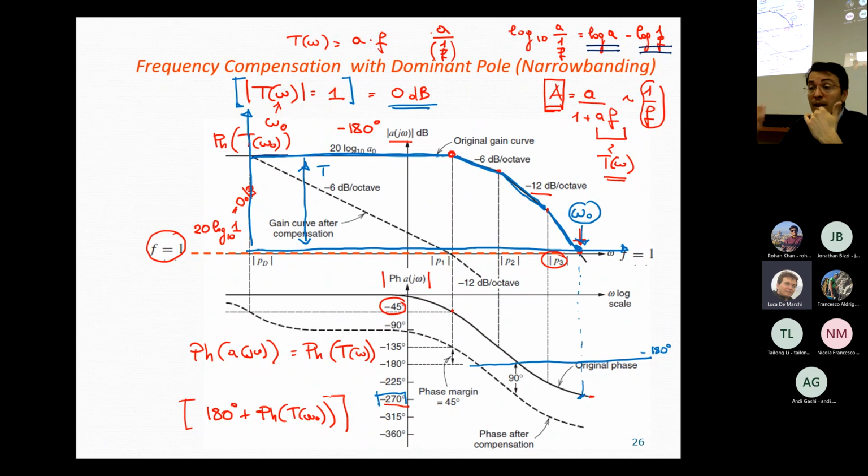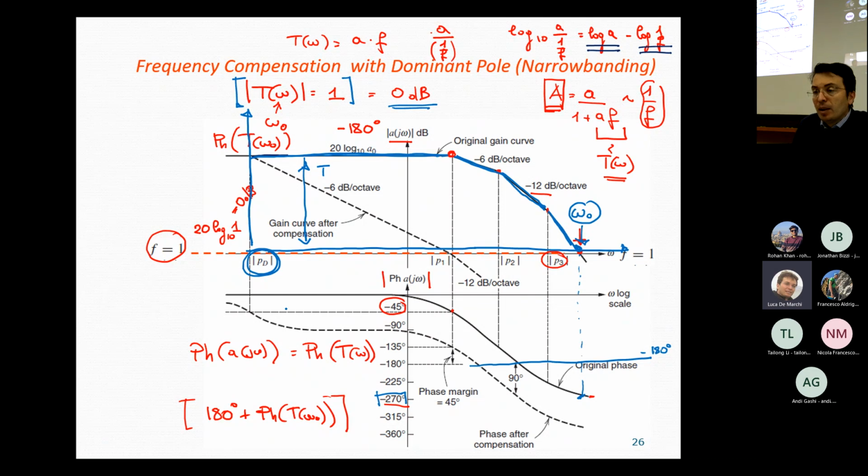So, for example, one way to make the circuit stable is to add deliberately a new pole to the circuit. This is called frequency compensation with dominant pole.